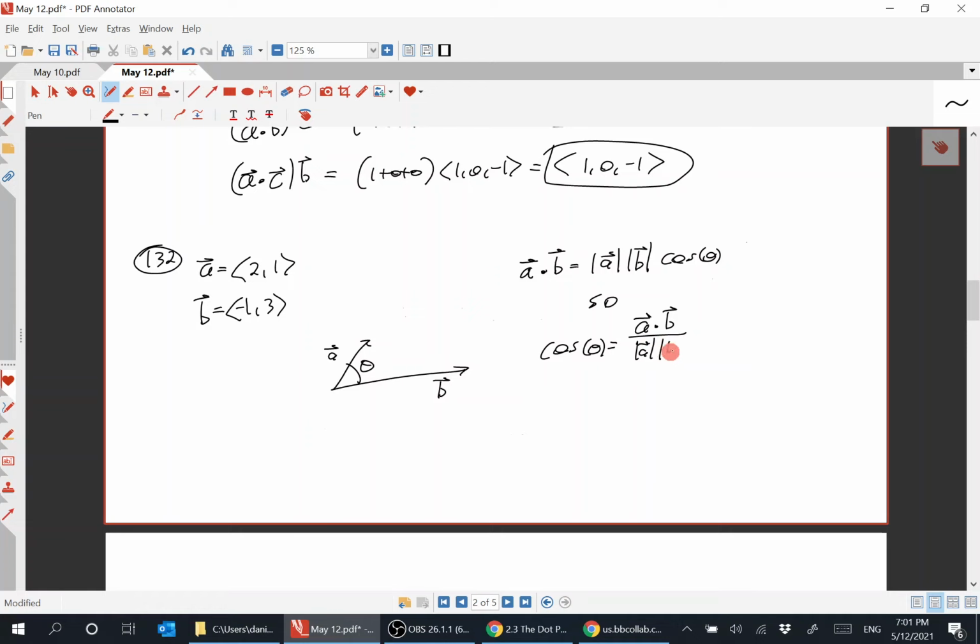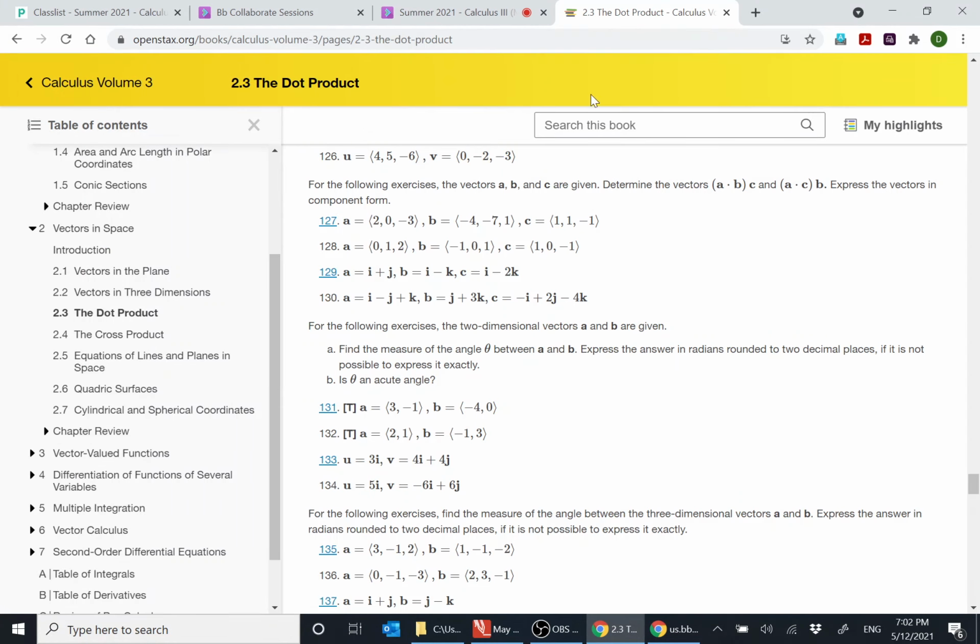So in this case, what do we have? A dot B is minus 2 plus 3. The length of A is square root of 5. The length of B is the square root of 10. So theta is arc cosine 1 over the square root of 10, which in radians and in degrees we can find out.